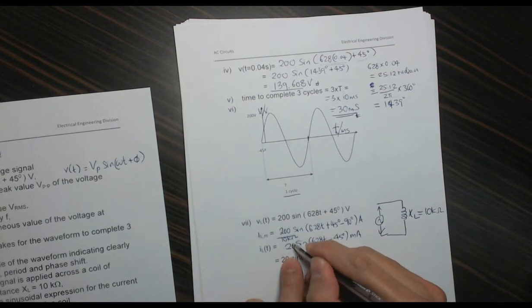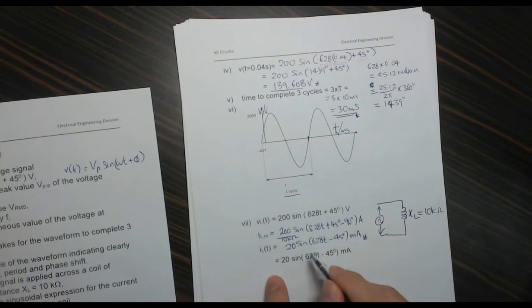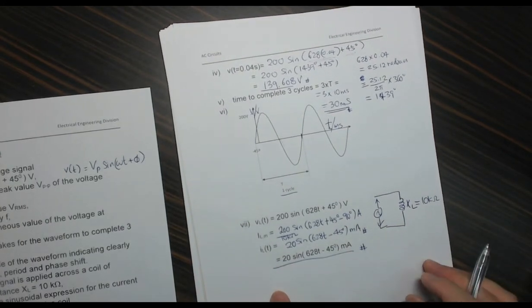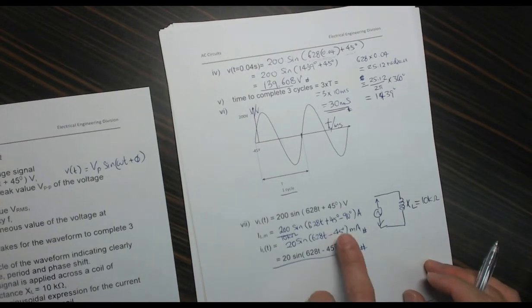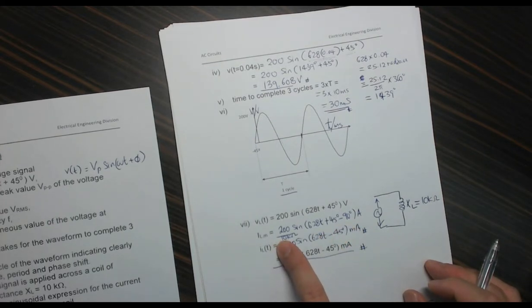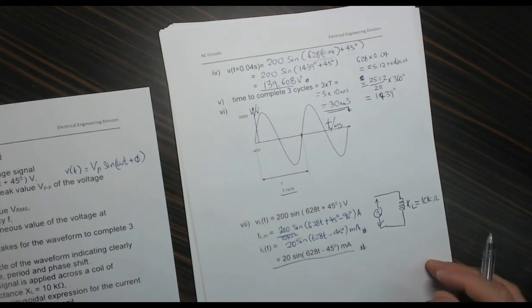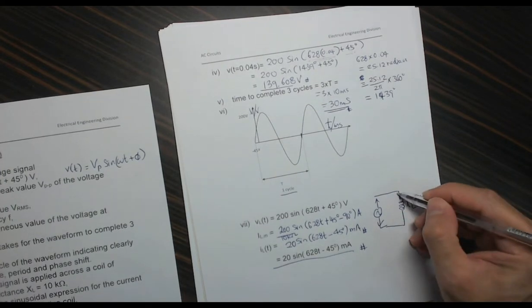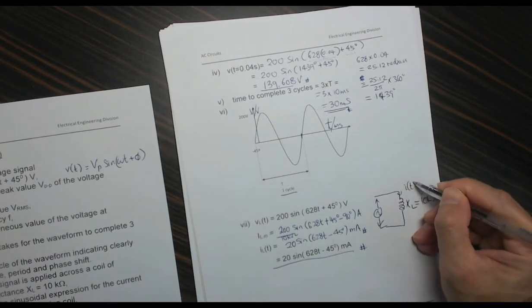Sorry, not 2, it's 20 milliamp. Okay, so that's how you get this one. That's the answer. So effectively an inductance creates a 90-degree shift for the current. So that's the expression for the current flowing through the inductor.